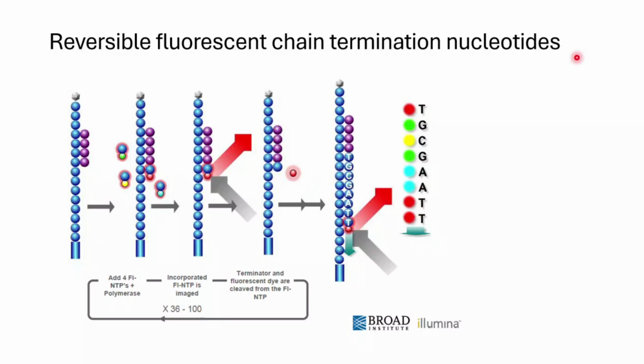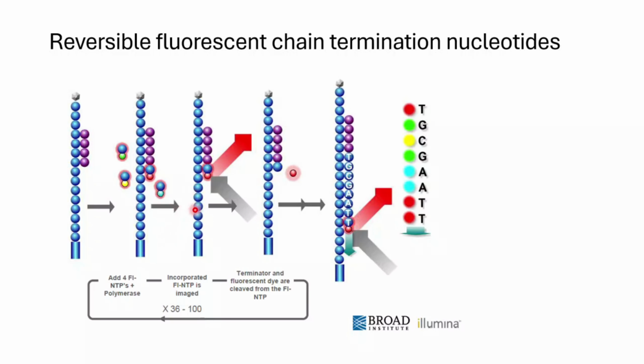Yeah. So what's cool about Illumina's technology is that it kind of looks like Applied Biosystems SOLiD, in the sense that you have these special dNTPs, not ddNTPs, so there's no chain termination. Instead, what happens is that you have a termination that happens, but only for a short period of time.